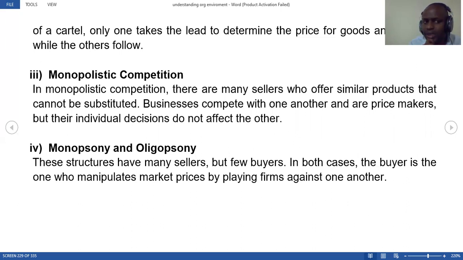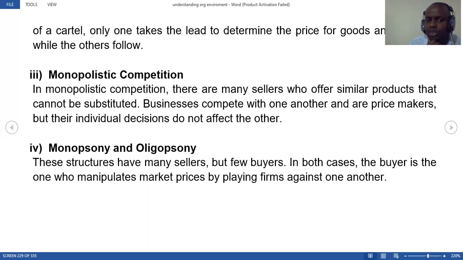So the decision you make as an individual will not really affect the others in that kind of market. Maybe we can look at the soap industry. We realize that most firms have the same or similar products, but they cannot still control the market because customers have different tastes and wants.